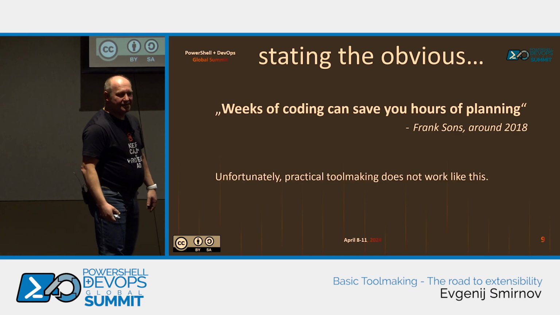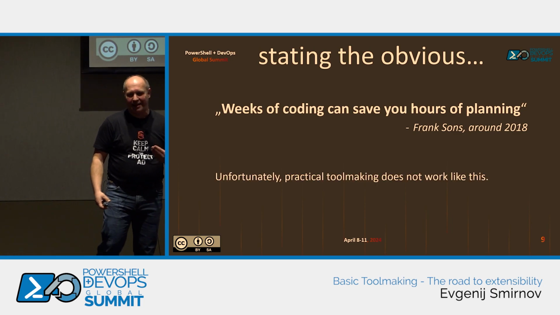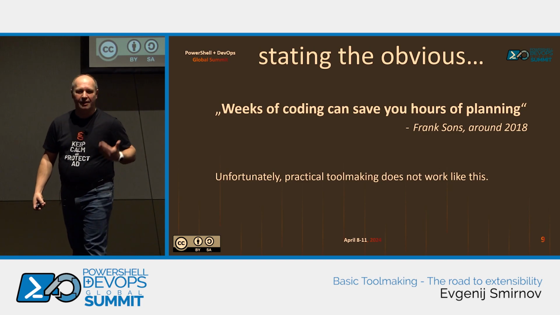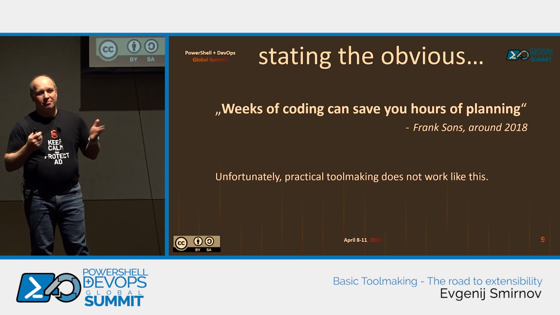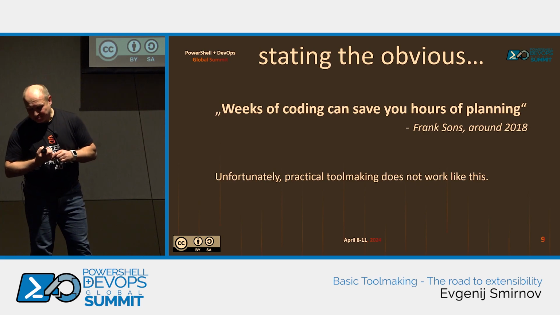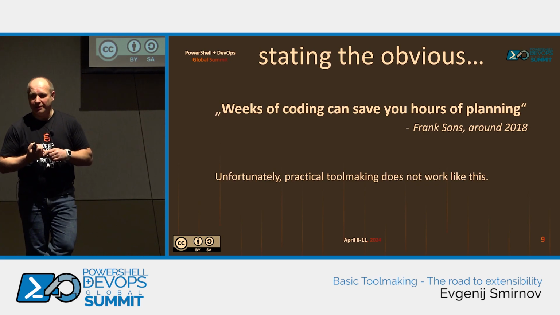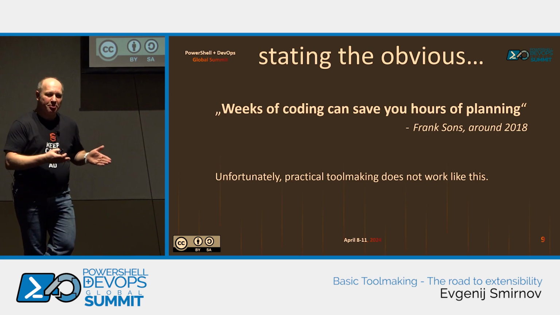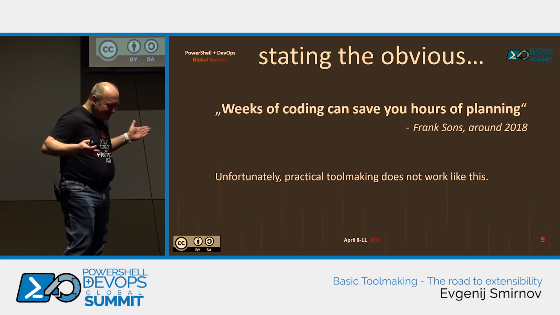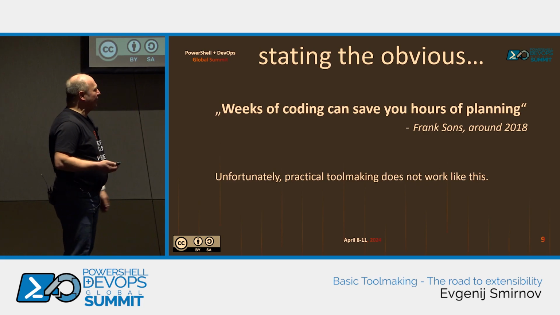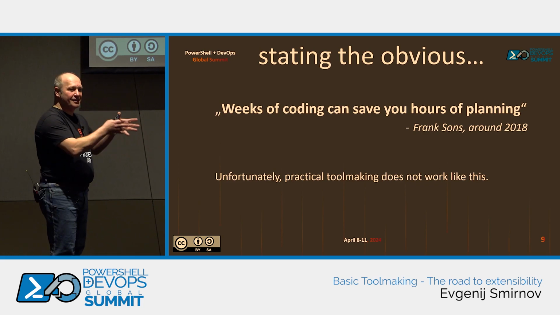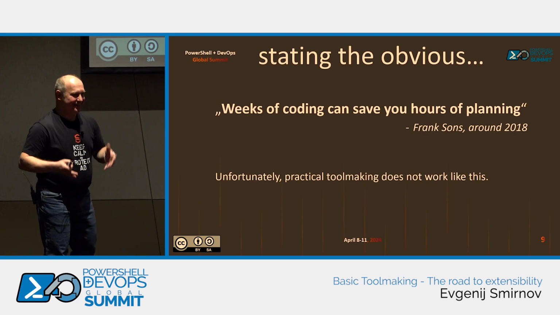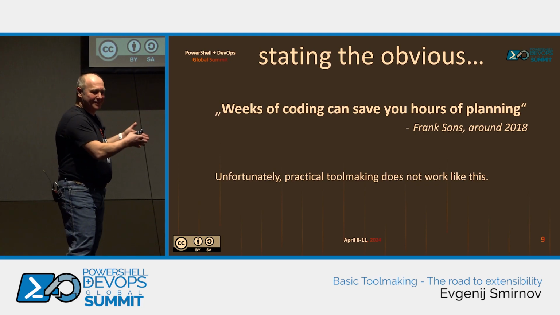Unfortunately, that doesn't work that way in practical toolmaking, because in practical toolmaking, we are, I would like to call it loosely managed chaos. Other people call it agile, but it amounts to the same thing. So not what got us to Mars, right? The opposite of what got us to the moon.